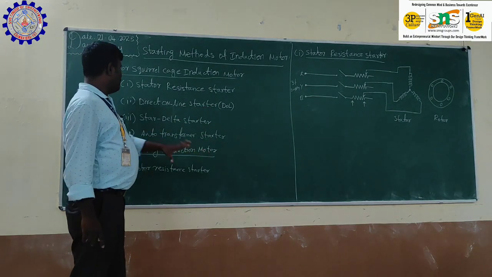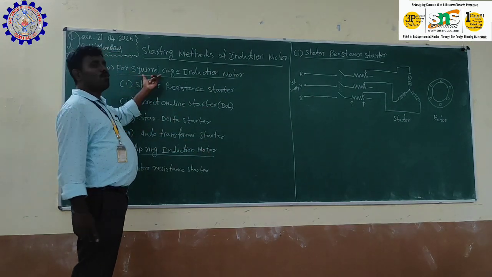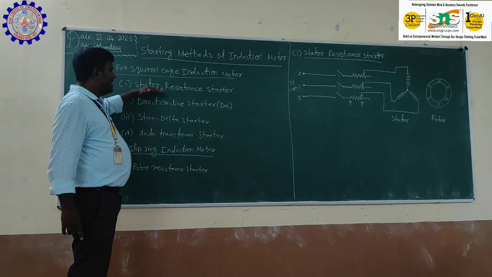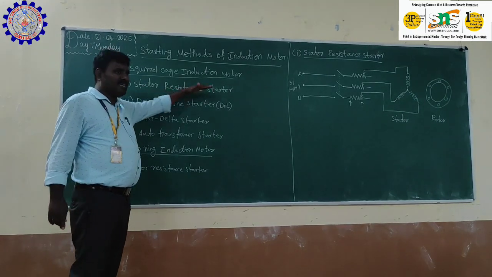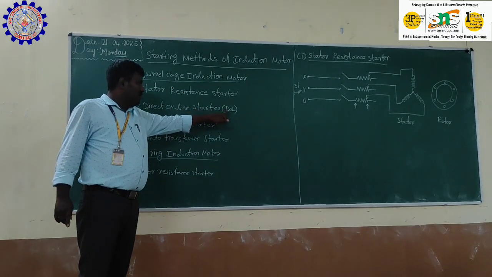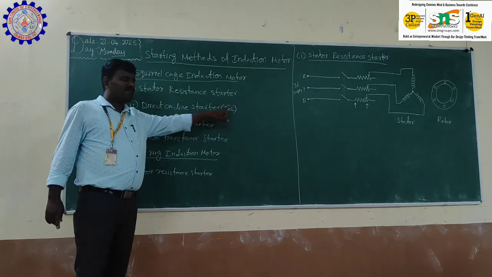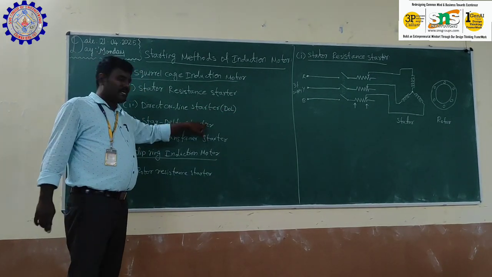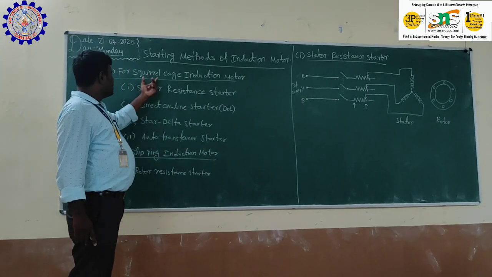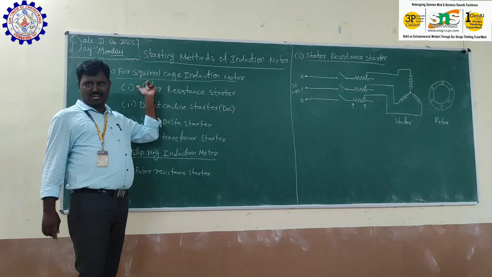Out of 5 types, 4 types are for squirrel cage induction motors. These are the 4 starters: stator resistance starter, direct online starter, called DOL, star delta starter, and auto transformer starter. These 4 starters are used for squirrel cage induction motors.